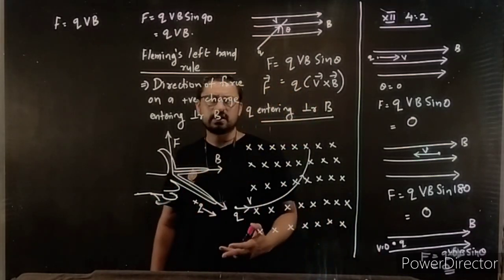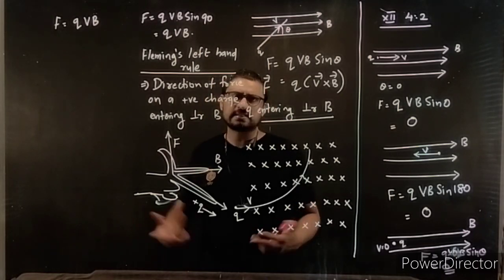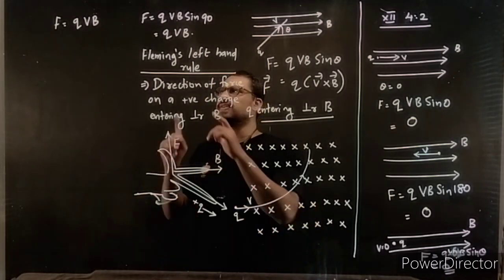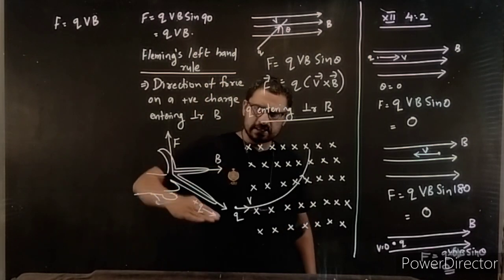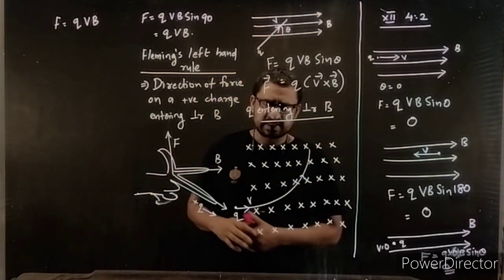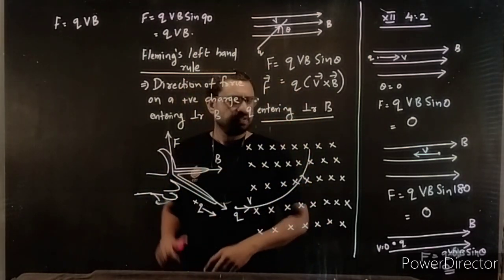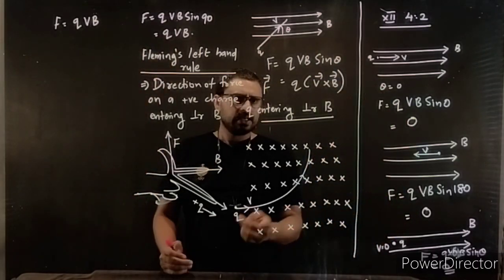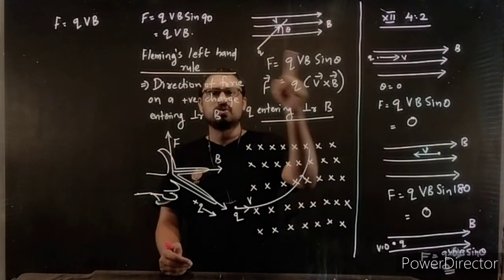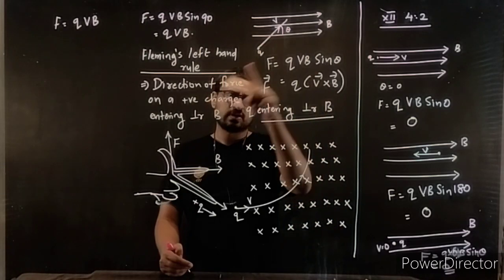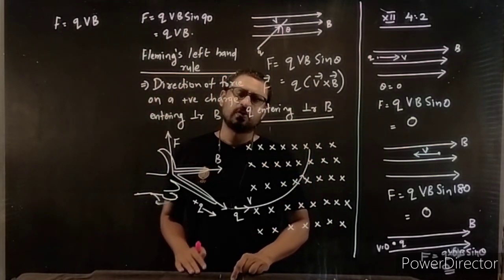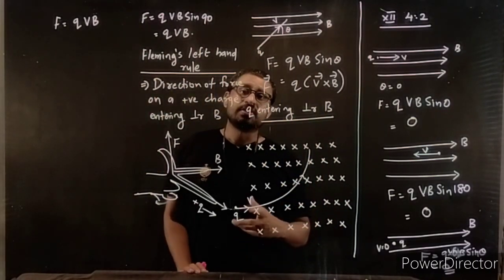A force which is perpendicular to velocity can act as a centripetal force. So it will follow a part of a circular motion in the magnetic field. If the magnetic field is existing everywhere, it will follow a circular path, uniform circular motion, because the magnetic force acts as the centripetal force.